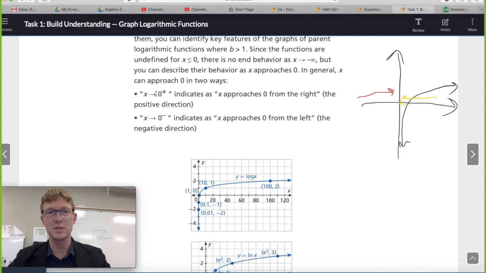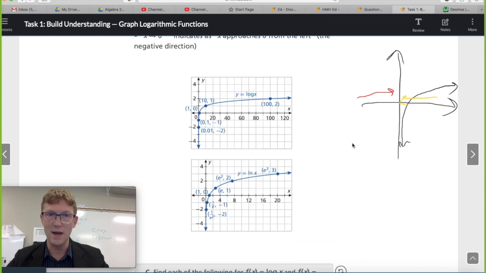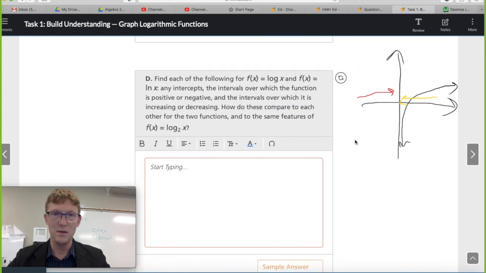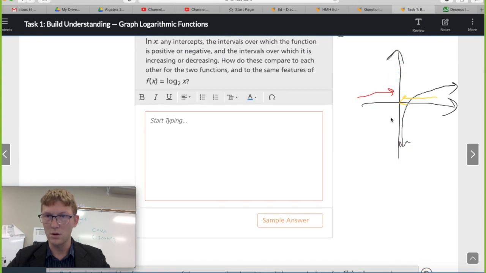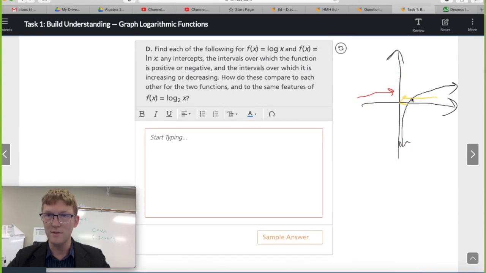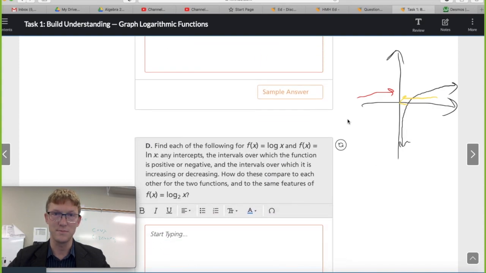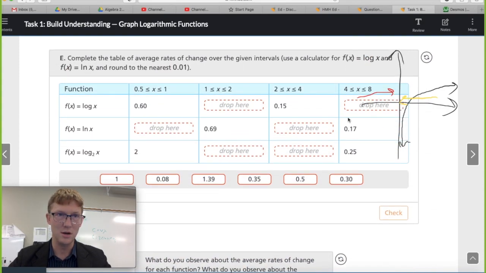So as x approaches 0 from the positive direction, or like the yellow line here, we can say that y would approach negative infinity. And then from the left is all undefined, so you're not going to have anything. So the mathematical terms that they had were all 3 of the graphs decrease right here in an unbounded fashion. So that's what they're talking about.